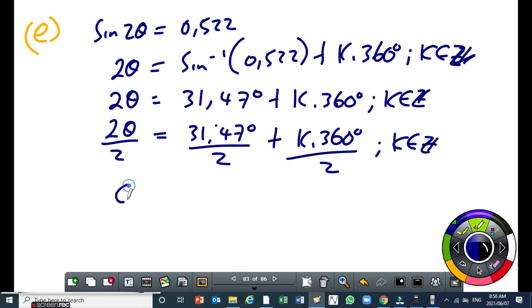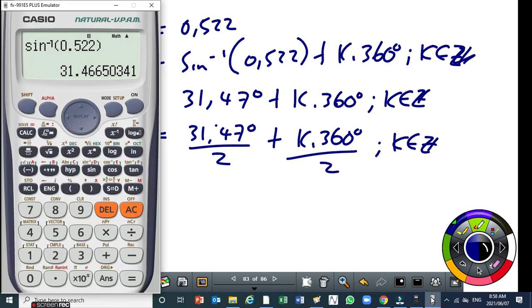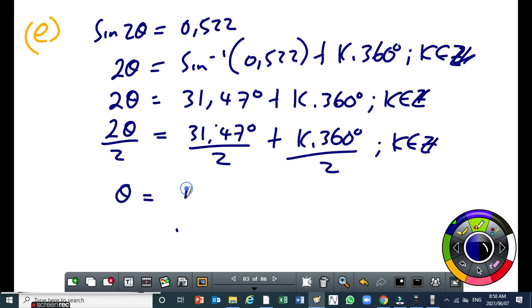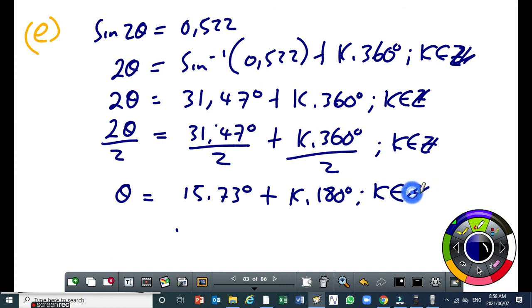So this will give you theta equal to, if I divide that by 2, I get 15.73. So 15.73 plus k times 180 degrees, where k is an integer.